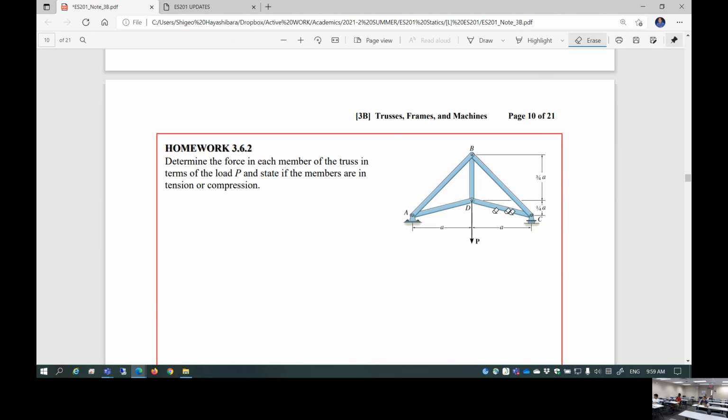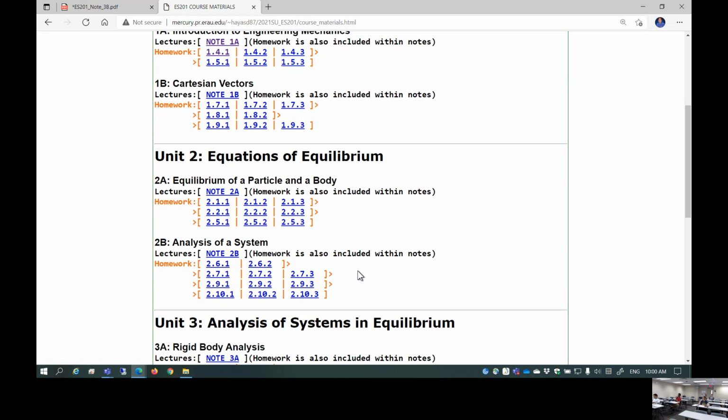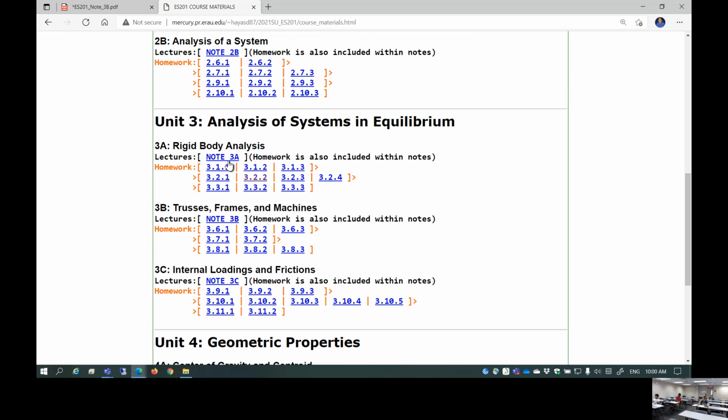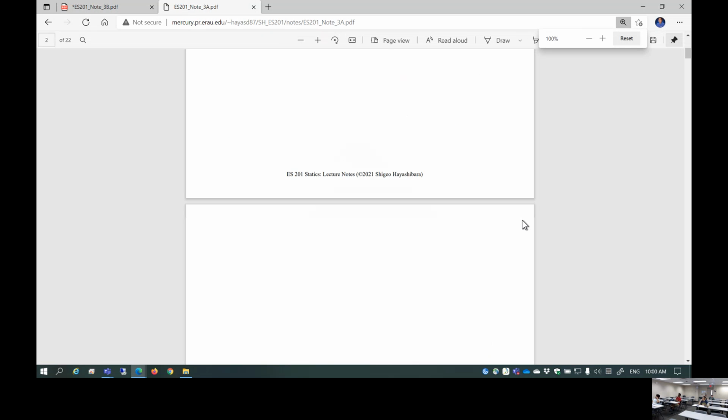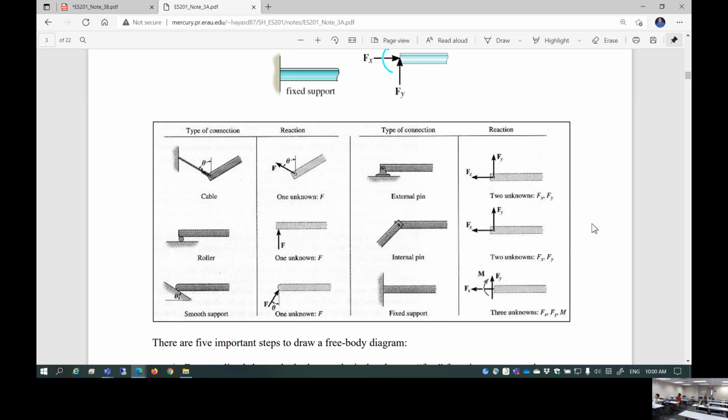It is actually a great question here. Support reaction here, what's the reaction force? Let's just review. It's a good idea to review it. So here's a summary of support reactions. It's always a good idea to go back and take a look. So that support is similar to that, because it's free to move in X direction.